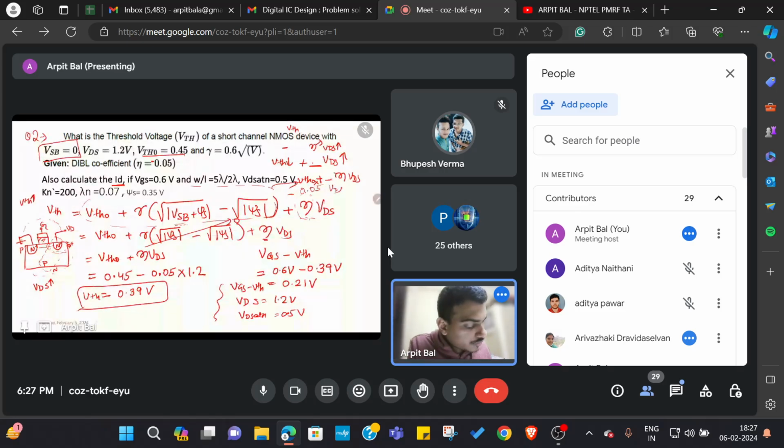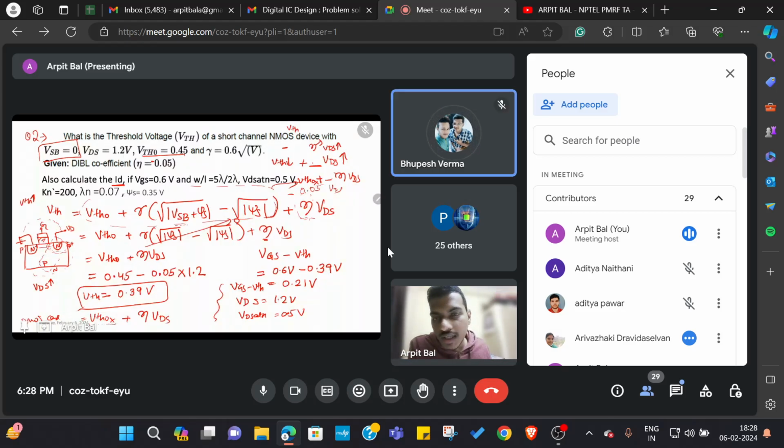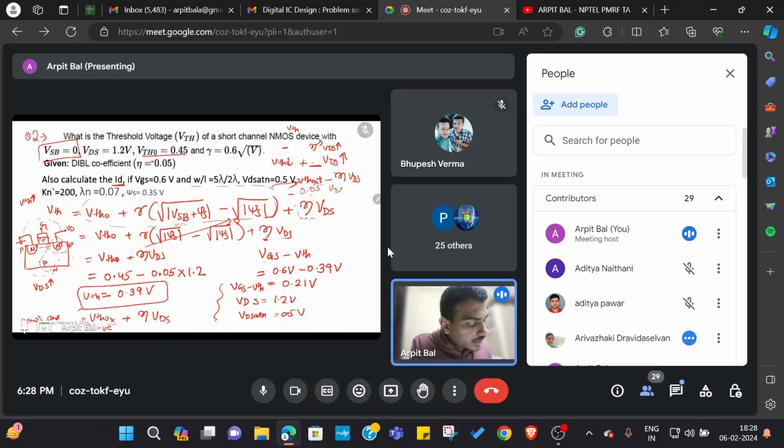So for a PMOS case, I have this equation VTH0 plus eta times VDS. I know that VTH0 is negative, it's a negative number. And if VDS is going to increase, my VTH should increase, which means this entire quantity should be more negative.